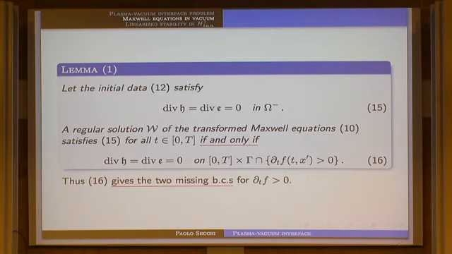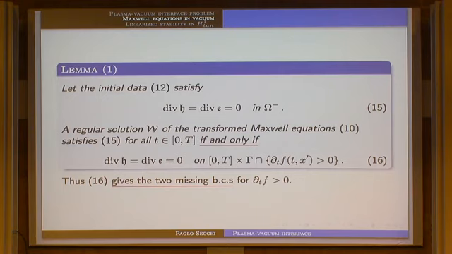We prove this first lemma. If the initial data satisfy the 2 constraints at the initial time, a regular solution of the transformed Maxwell equations satisfies again the 2 constraints for all times, if and only if the divergence of the 2 vectors is 0 on the part of the boundary where this derivative is strictly positive.